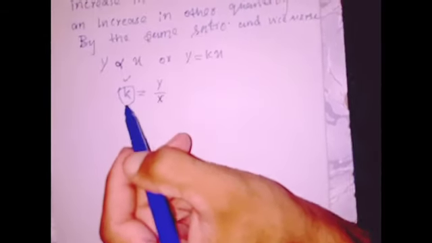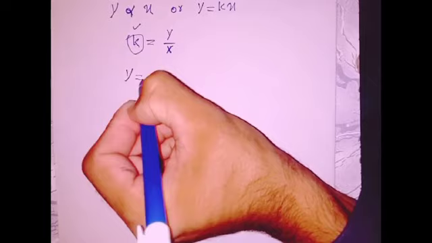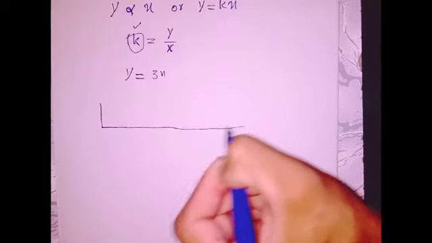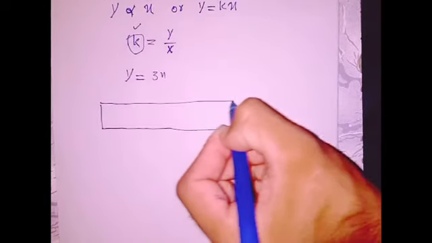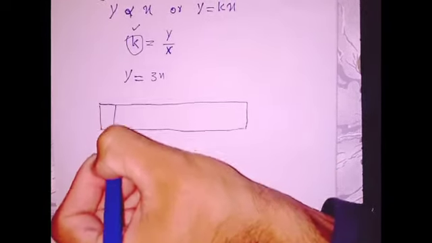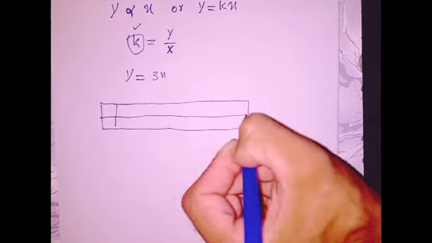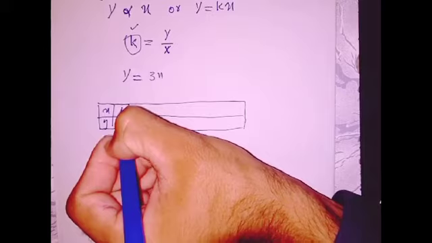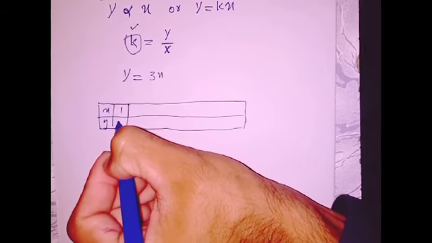Let me give you an example of direct variation. We can write y is equal to 3x. Let me make a table for this relation, with x and y. If I put x is 1, I get y is 3.